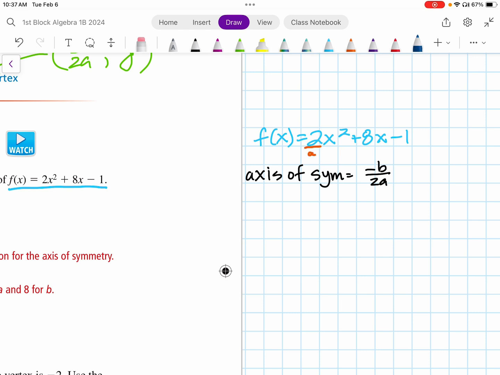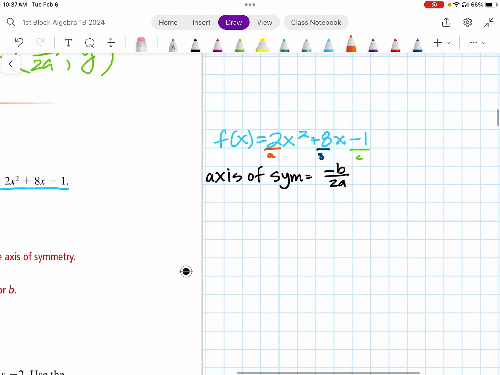Here is b. b equals 8. And here is c. c equals negative 1. Maybe you even want to label that off to the side: a equals 2, b equals 8, c equals negative 1.